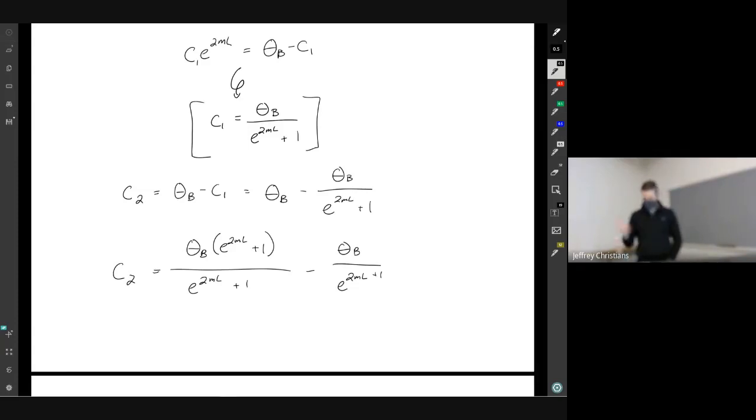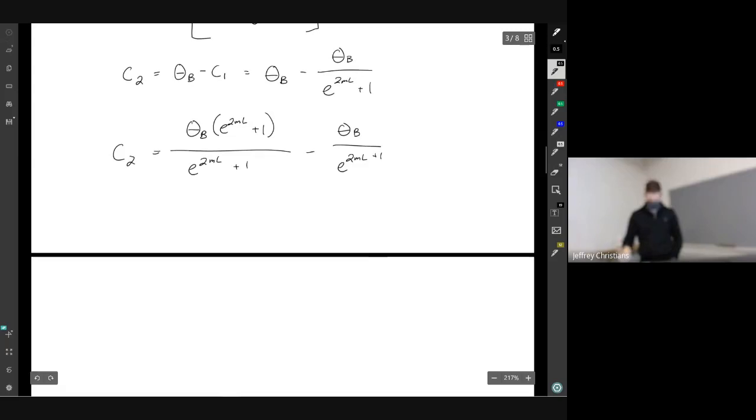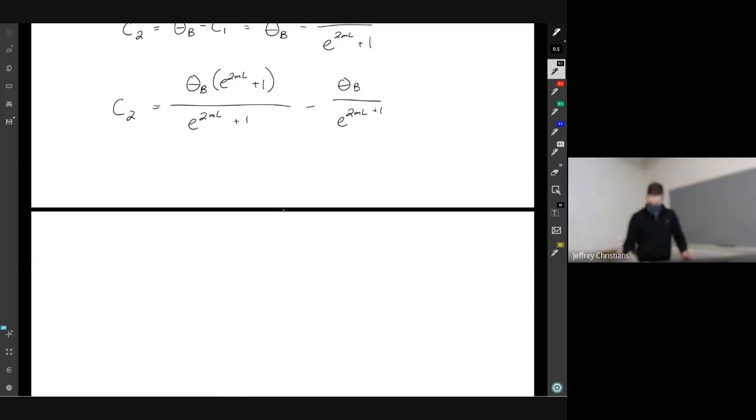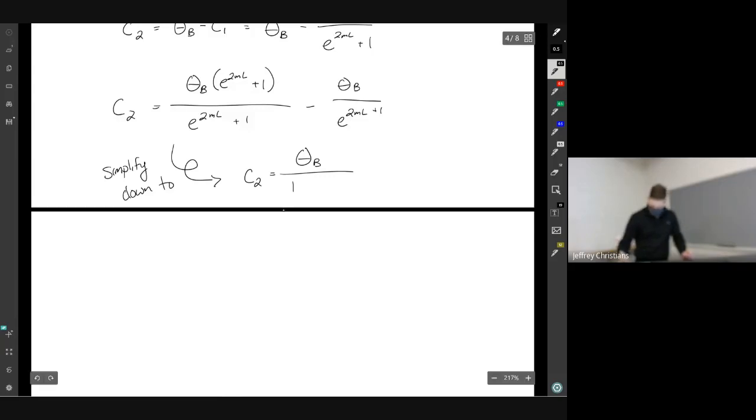Then we could smash these together. We could then simplify a little bit more. Again, I'm going to skip some steps, but we could simplify to C2 equals theta B over 1 plus e to the minus 2 ml.